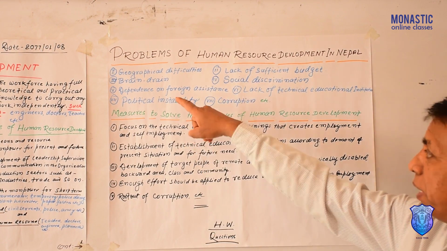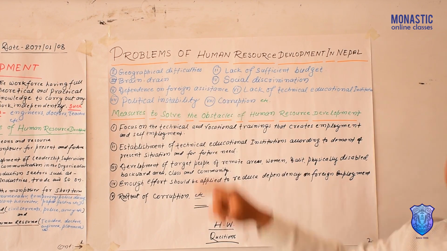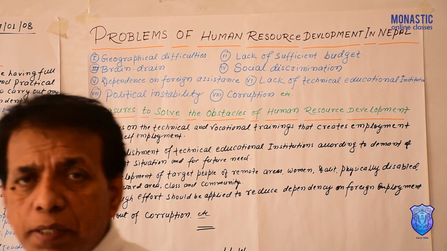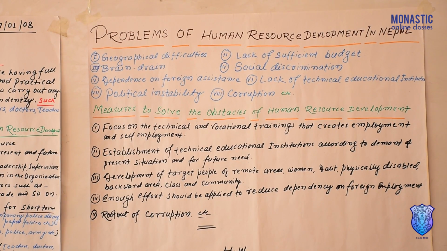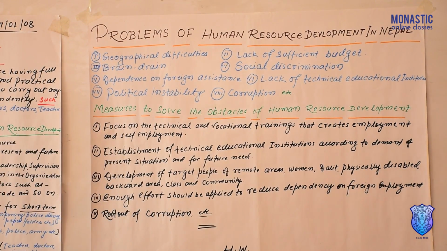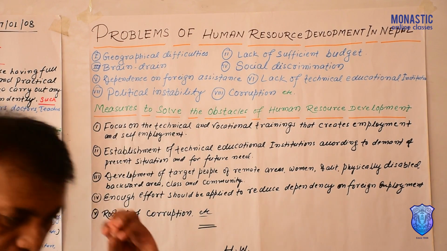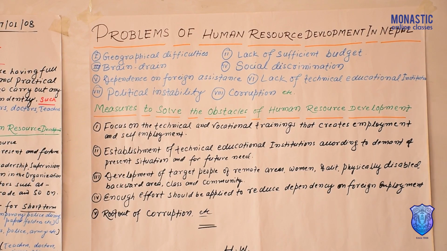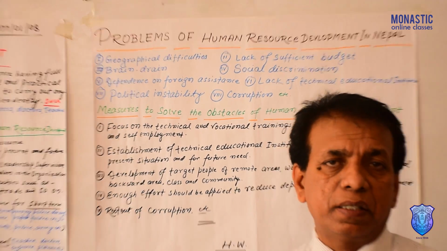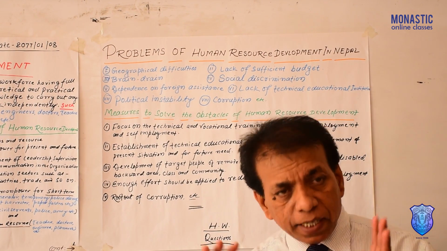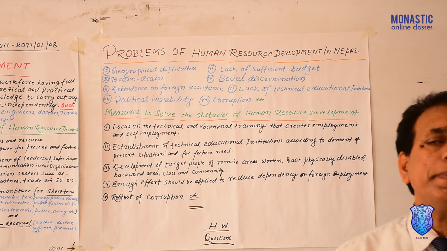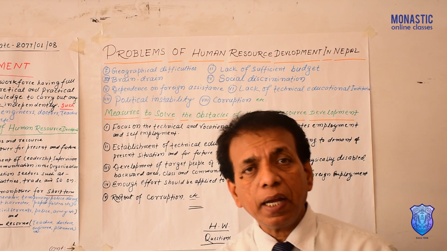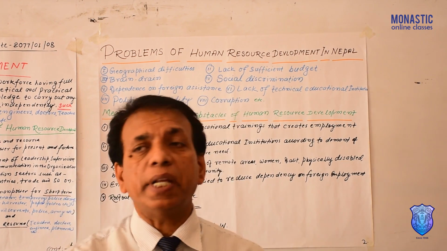First point you can note down here: geographical difficulties. As you know, Nepal is a mountainous country. Being a mountainous country, there are big Himalayan regions, even hilly regions, and Tarai regions. In various parts, the maximum number of people reside in village areas and remote areas.